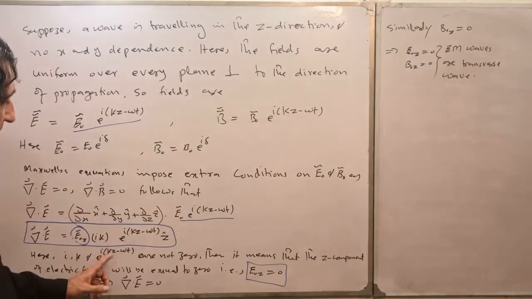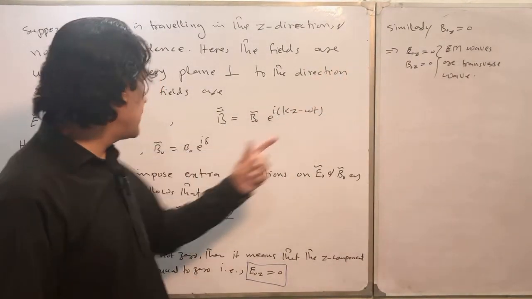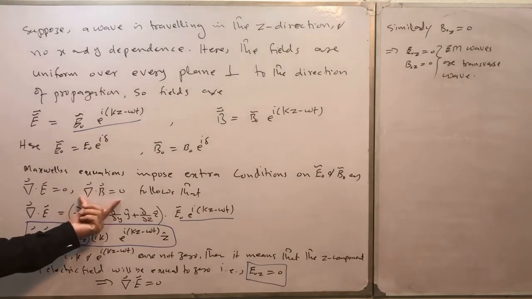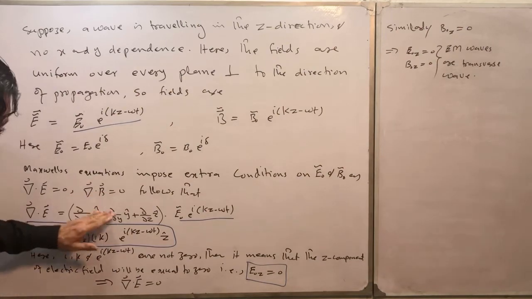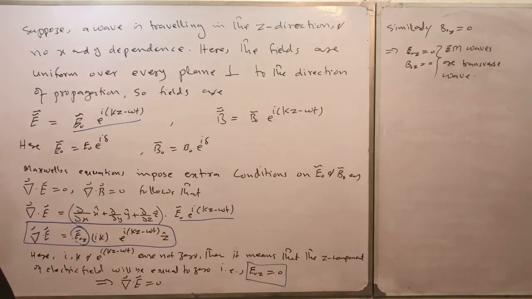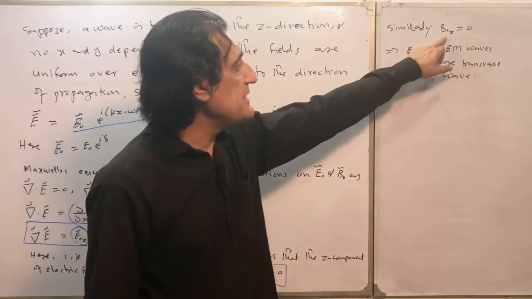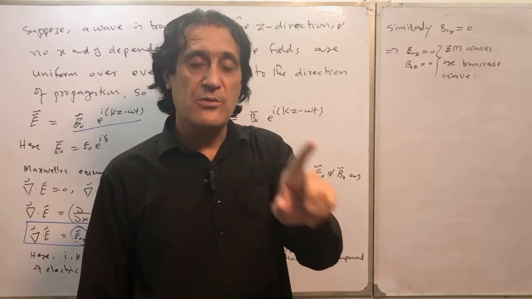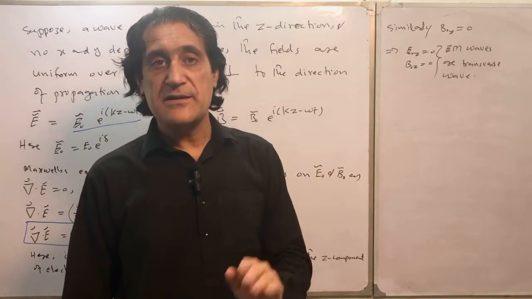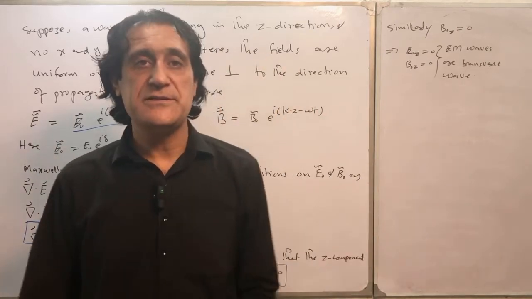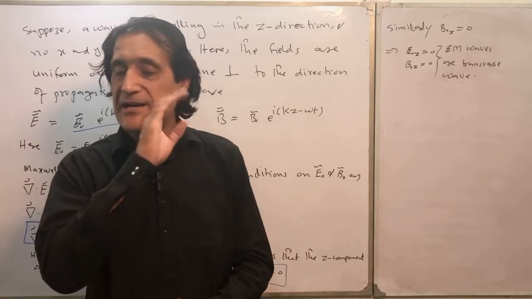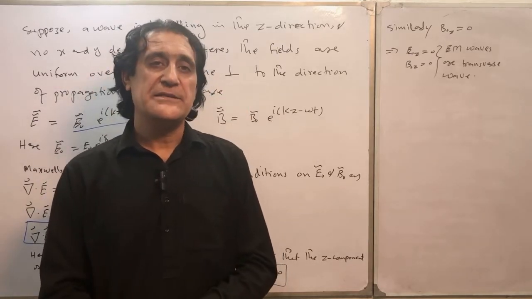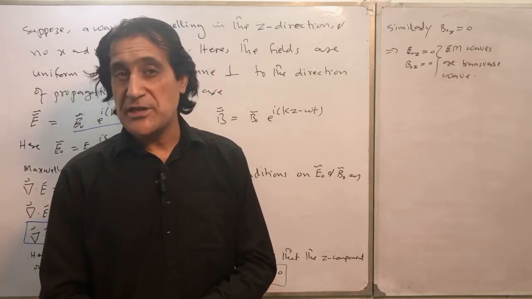Similarly, the same case we can show for the divergence of B. We follow the same process, and B naught z will be equal to 0, because the B component will not oscillate along the propagation of the wave.